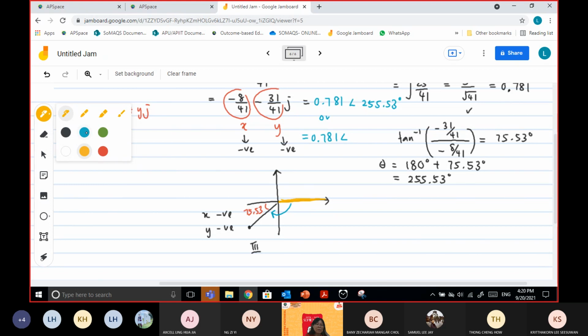Now if I want the negative angle, I should take 180 minus 75.53. So I get 104.47, the negative angle, so negative 104.47. Okay, so this is the answer. Is that clear?